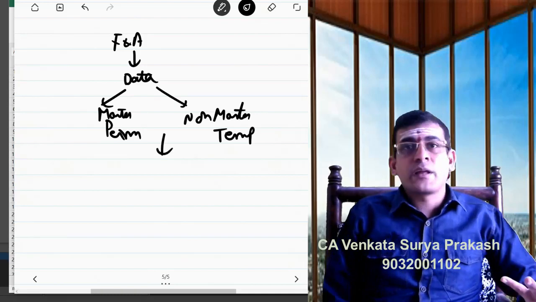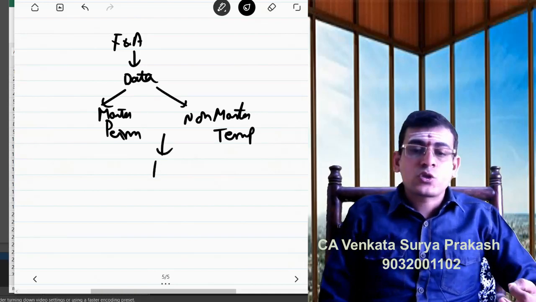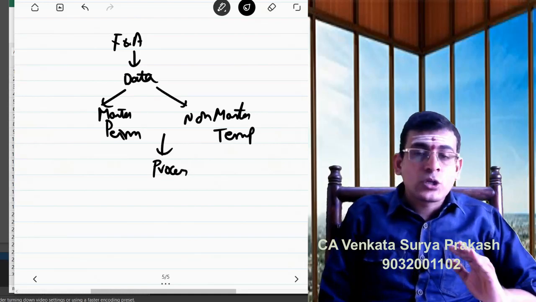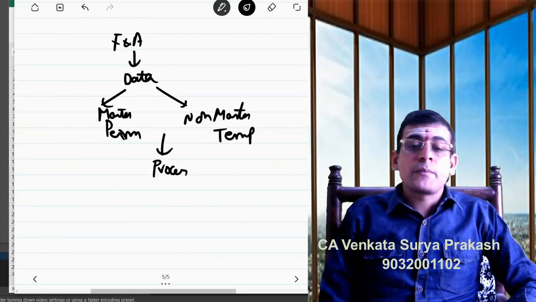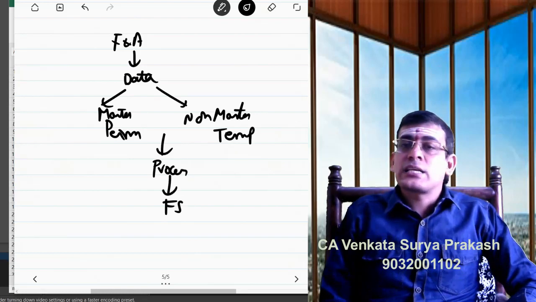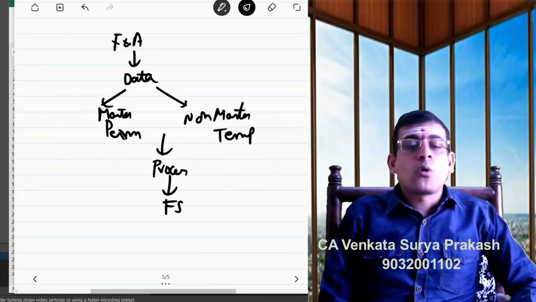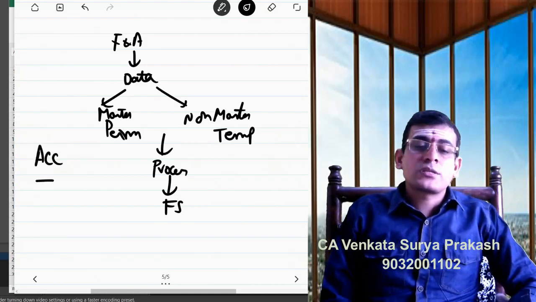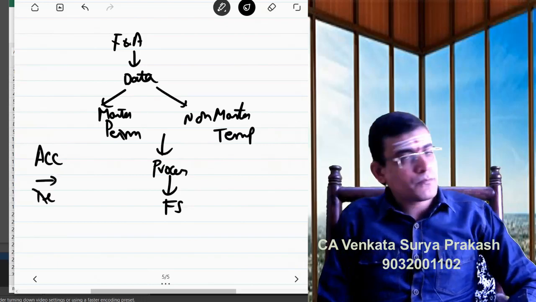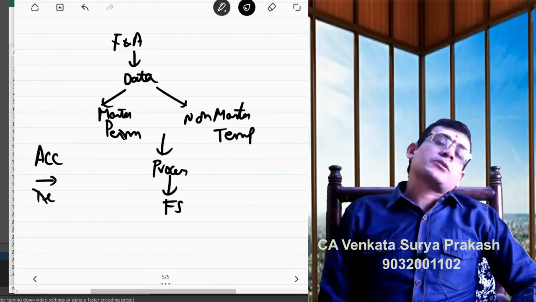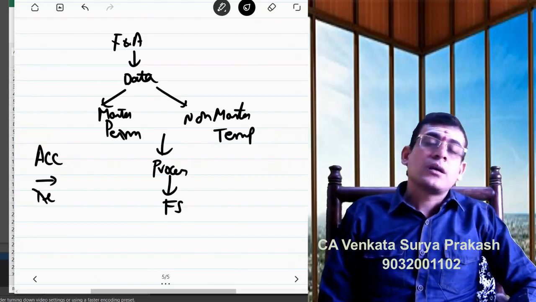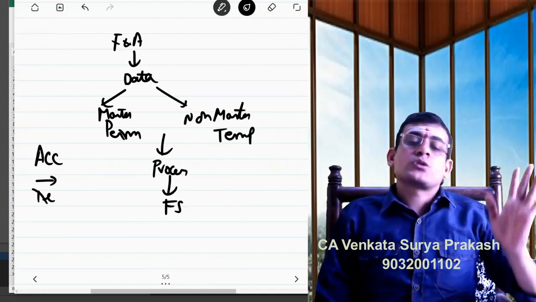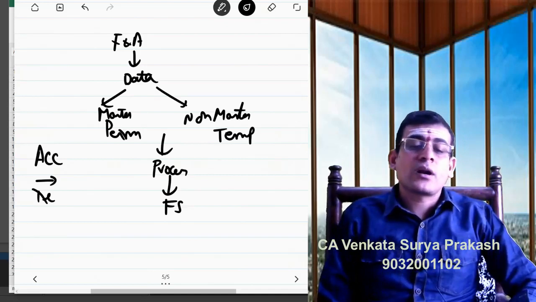Then we know very well the data has to be processed. Once you enter this into a system, this data will be processed. Then you will be preparing our financial statements. Again, if we go back to the basic definition of accounts, accounts is nothing but recording of your transaction, journalizing, classification, summarizing your transaction, and reporting to the users and stakeholders.